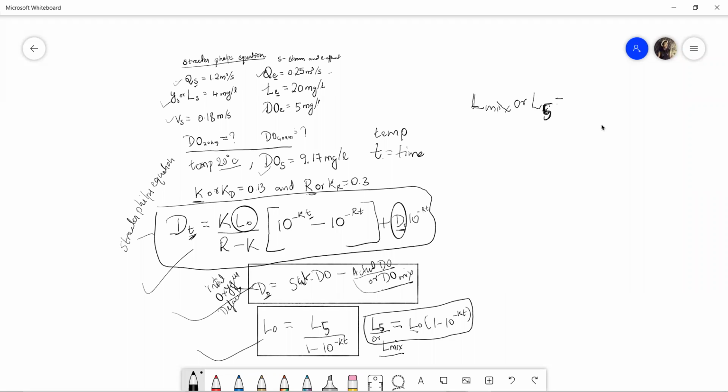What is the BOD value? That is L mix or L5. We can find it out. So you remember the formula for finding out the concentration, right?